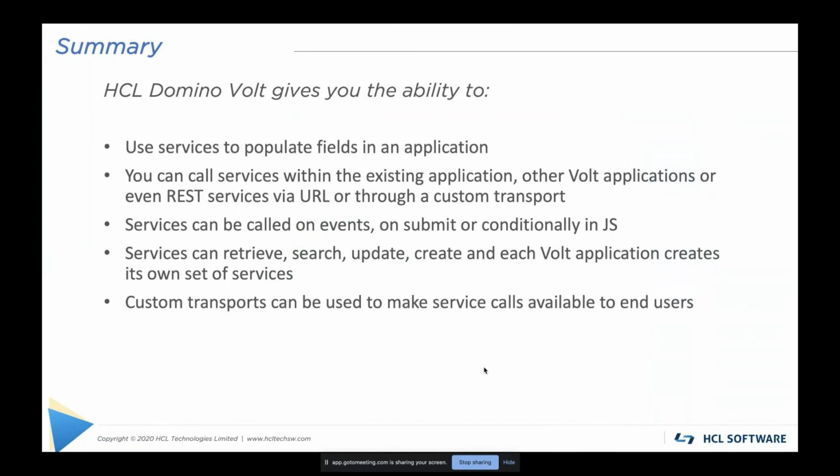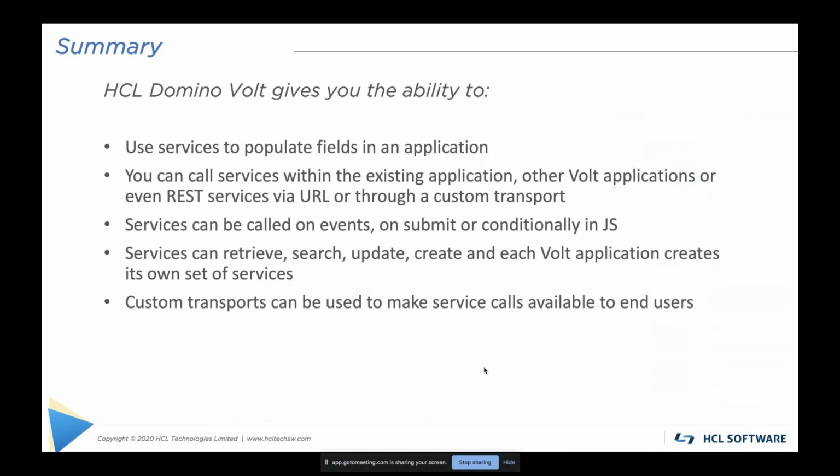So events, submit, or you can synchronize them through JavaScript calls. They can perform all the same actions for Volt: retrieve, search, update, create, delete, but make sure that you have set your permissions correctly so that your services are available to do that.